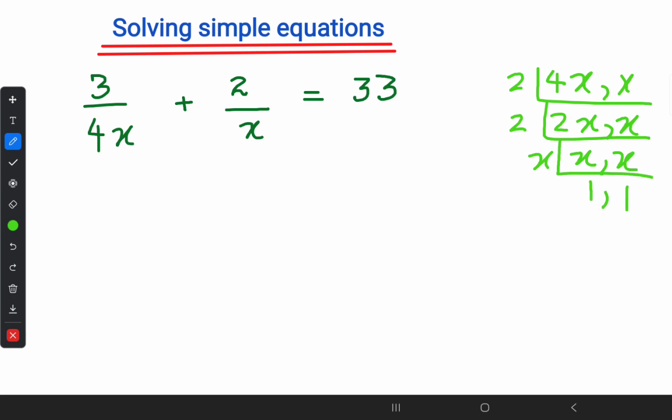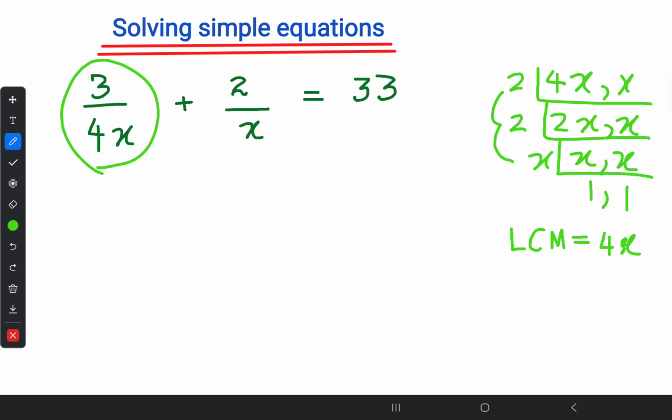So the LCM would be 2 times 2 is 4, 4 times x is 4x. 4x is the LCM for these two denominators. But the first fraction already has 4x itself, so no need to disturb that anymore. We have to change our second one because its denominator is x. You have to make it 4x. So 4x is the LCM.